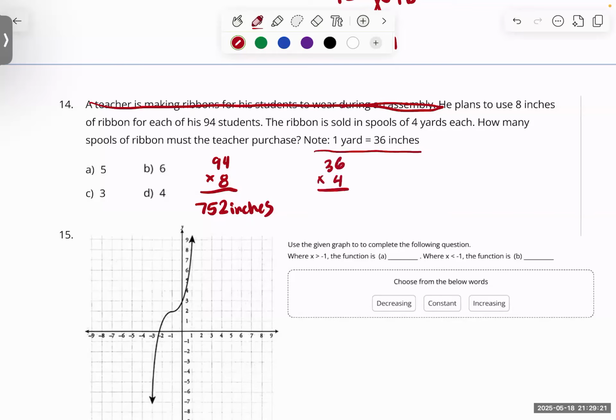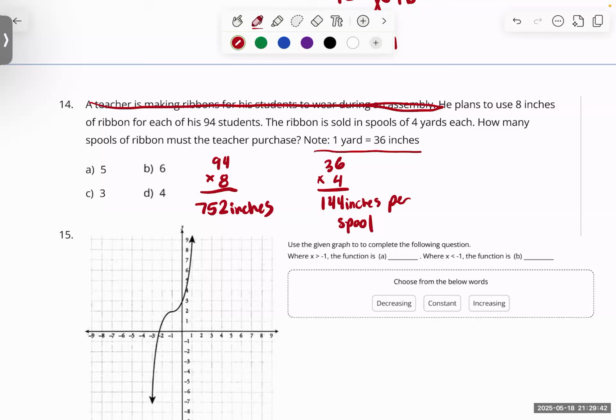So I multiply 36 by 4. That's a total of 144 inches per spool, because that's 4 yards. Okay, so I need to figure out how many times 144 goes into 752.